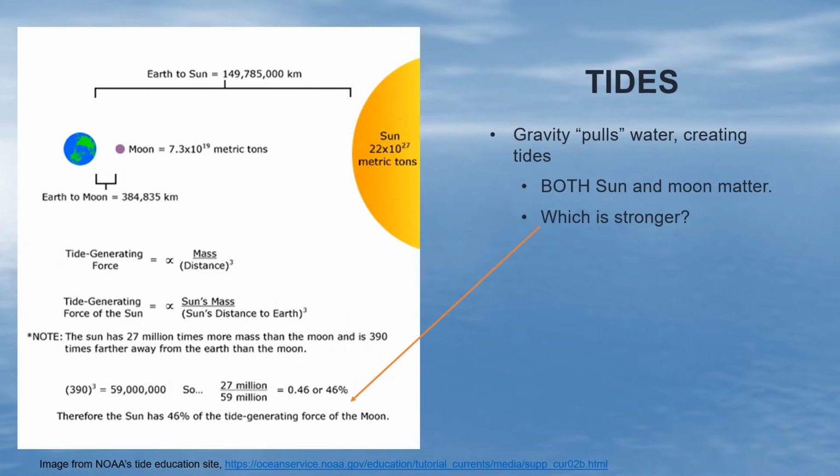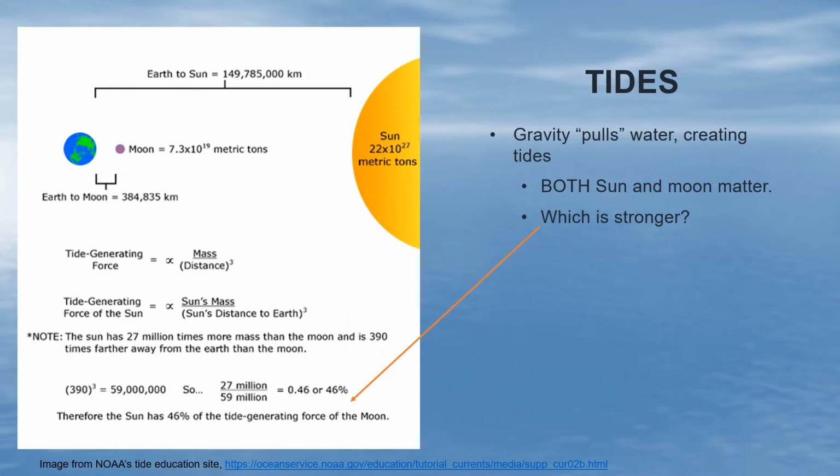And this is not just caused by the moon. Often we hear in popular culture that it's based on moon phases, and it is, but it's not just the moon that's pulling that water, it's also the sun. The moon is closer, and that helps in terms of the amount of force that it exerts, but the sun is more massive.